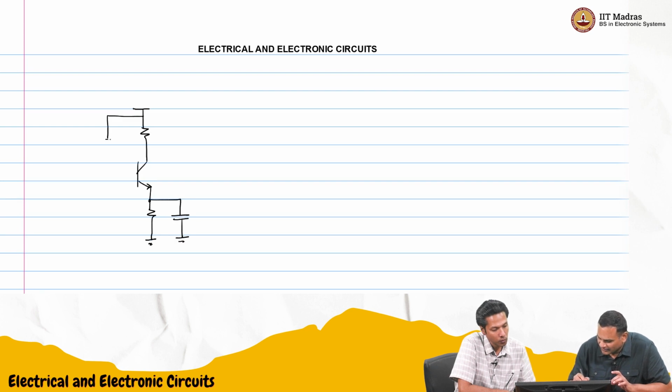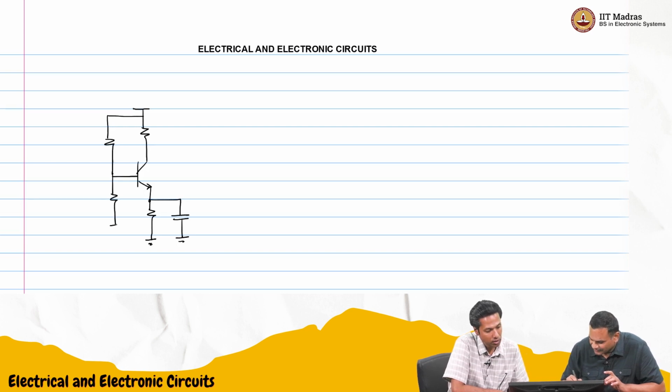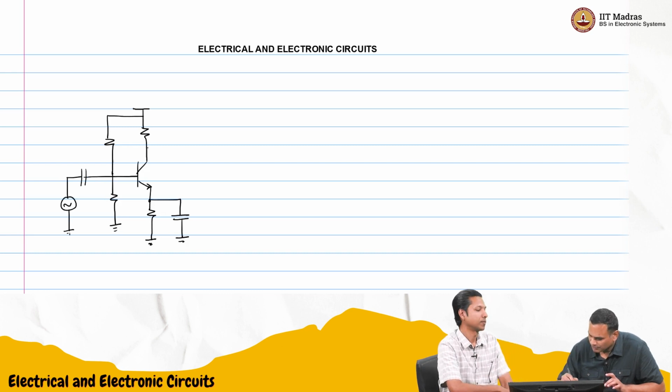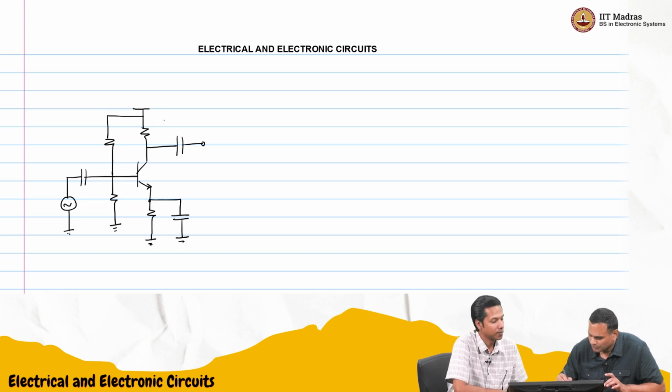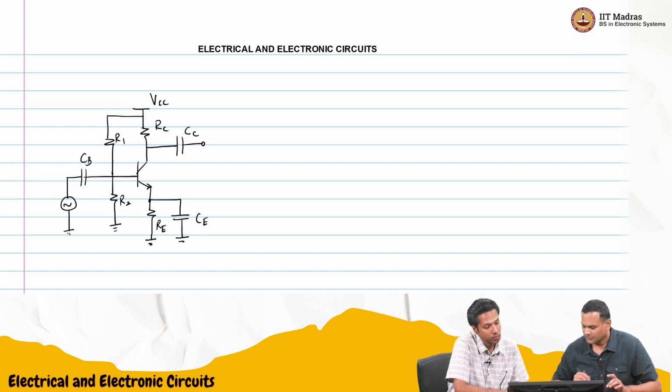So I'll draw whatever we learnt in class. Yes. So we have the biasing network. I think this is what we learnt, and we call this VI, and we call this VO.